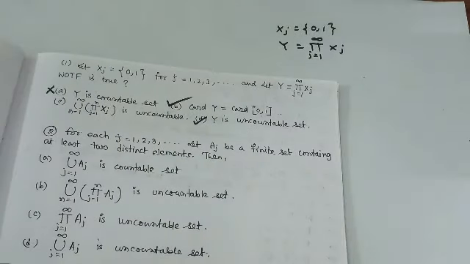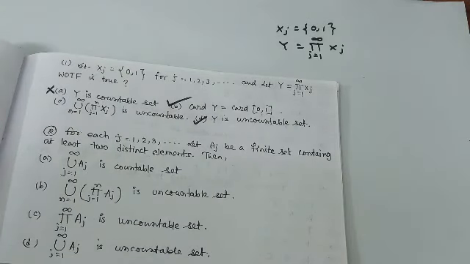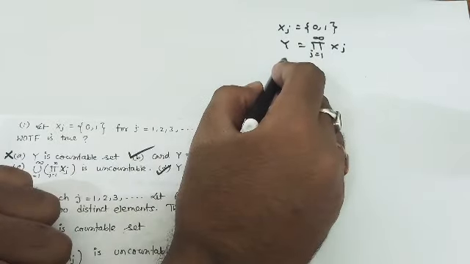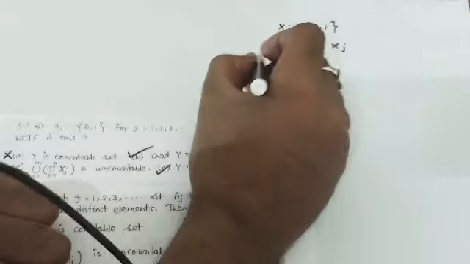They are claiming in the first option that Y is countable, in the fourth option that Y is uncountable. The second and third options will become clear as we proceed, and we'll also discuss the third option. So first of all, check the cardinality of Y. That will be your basic job here.